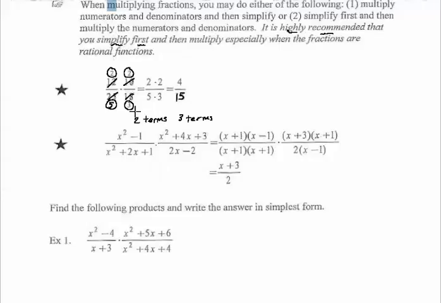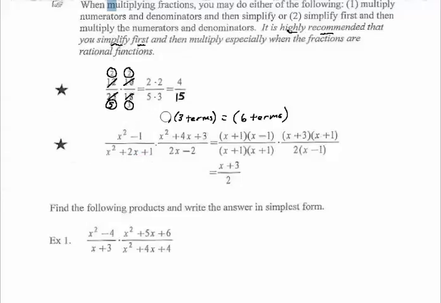Now if we multiply this without simplifying, then over to the side we're going to end up with 2 times 3, 6 terms that may or may not reduce. They may not be like terms, and that's a lot of multiplication. And then likewise on the bottom you have 3 times 2 terms, another 6 terms in the denominator. So that's just not the way we want to go about it.